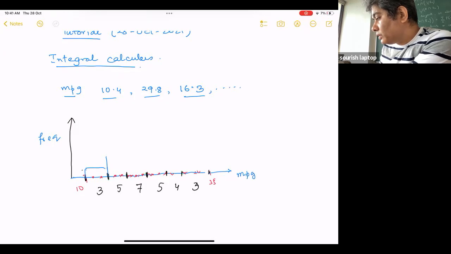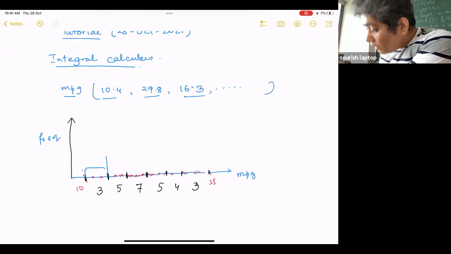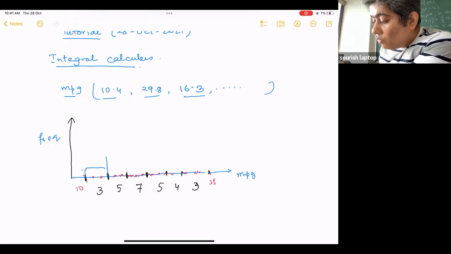Some of the observations in the data set we plot with red dots. Then we create some bins, and we calculate how many points are in each bin. Suppose in this bin there are 3, in this bin 5, then 7 points, then 5 points.